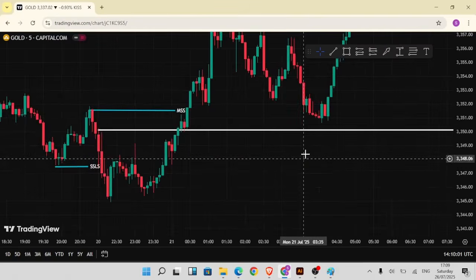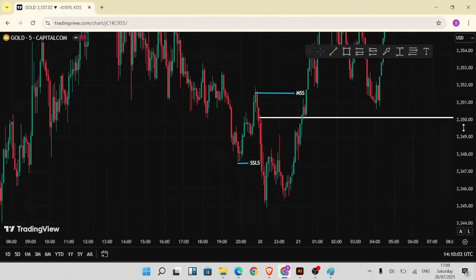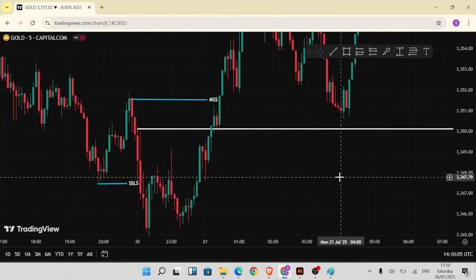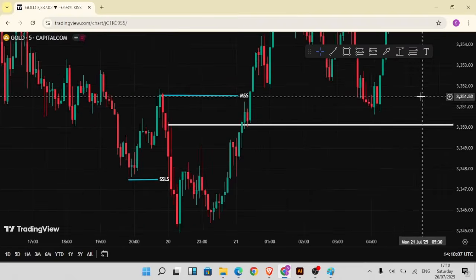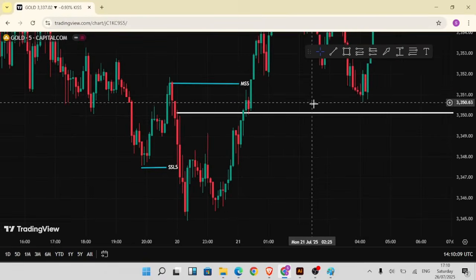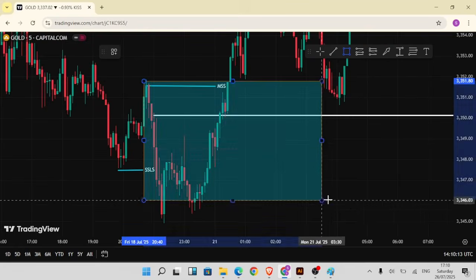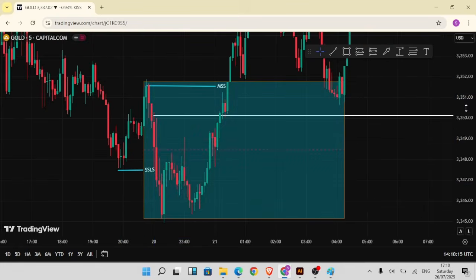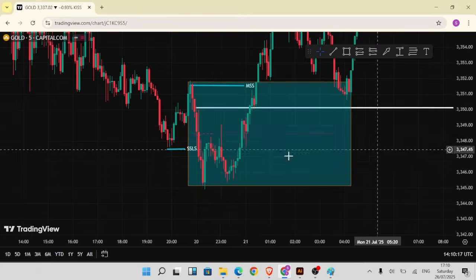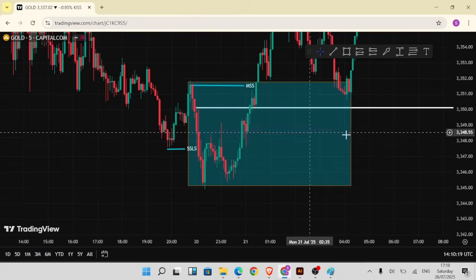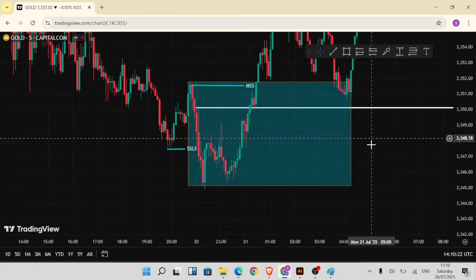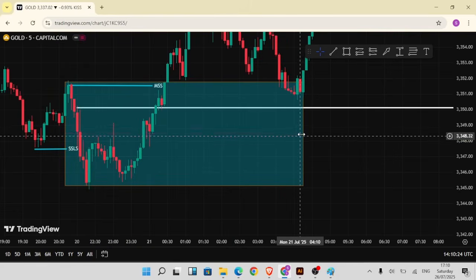However, still sticking to the ICT 2022 model, we want price to retrace back into an area of value within this area. Right? We want price to retrace back into this box, and we want to look for a reason why price would want to retrace back.